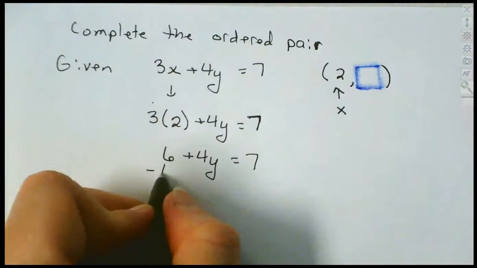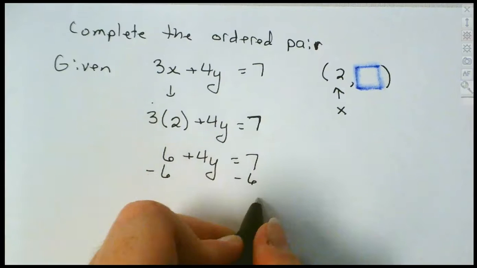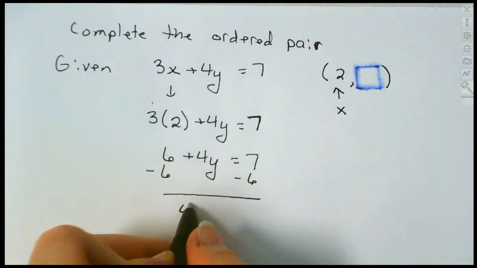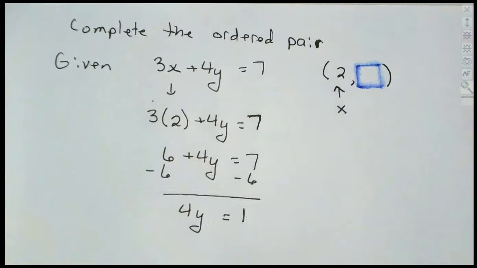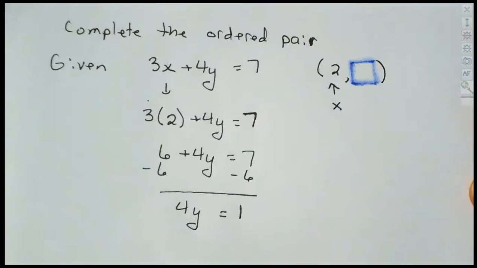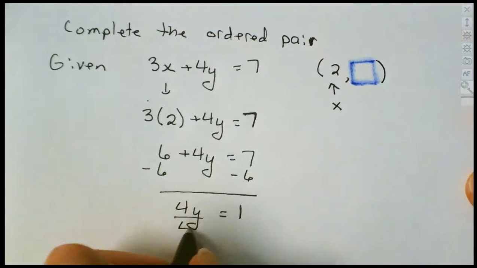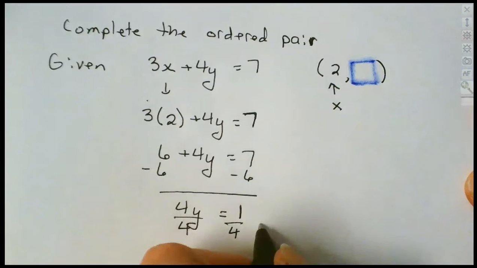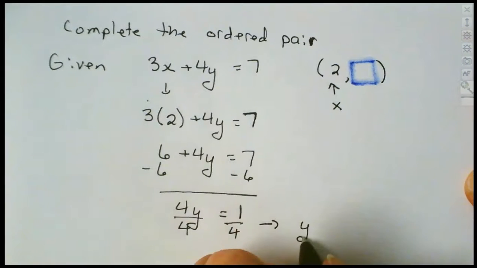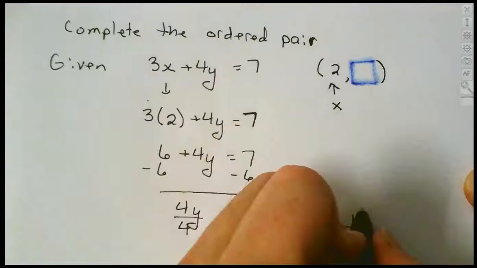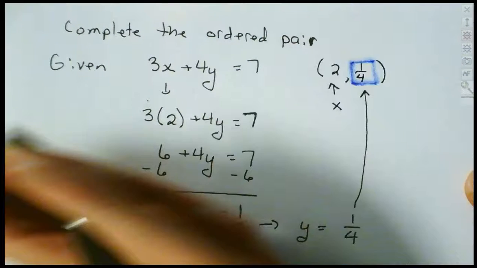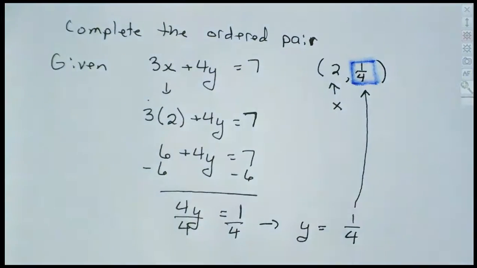We can move that 6 over with subtraction. And then we're left with 4y equals now 1. And we can finish this by dividing by 4. And so our answer would now be y equals 1/4. Okay, so that's going to be your answer. And we'll be able to fill in our ordered pair here.